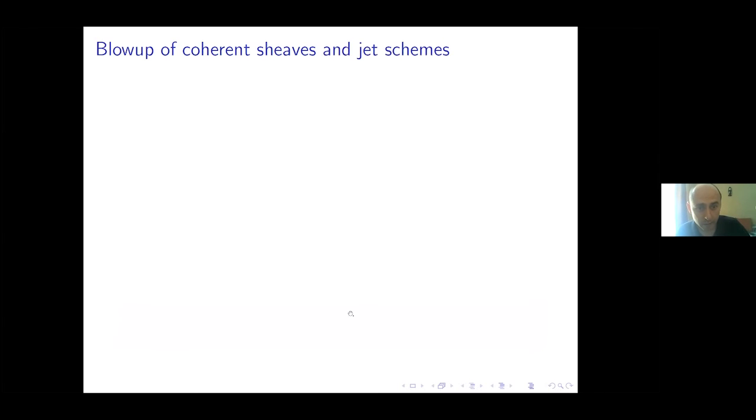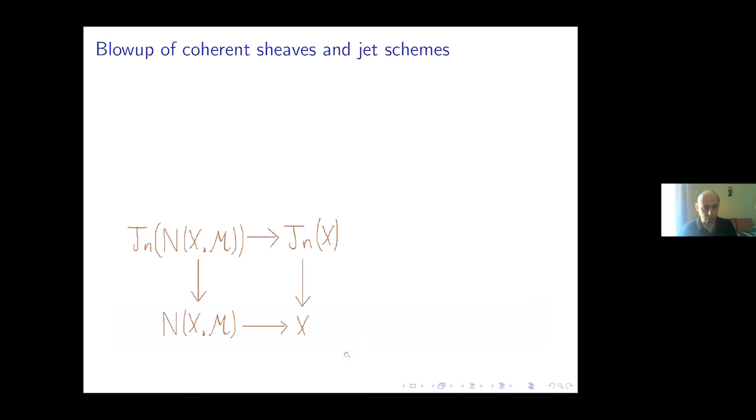The question is how to compare these blow-ups with jet schemes. I'm going to draw a diagram. We start right here, starting with X. We consider this blow-up at this module, and then we consider the induced morphism on jet schemes for some n.